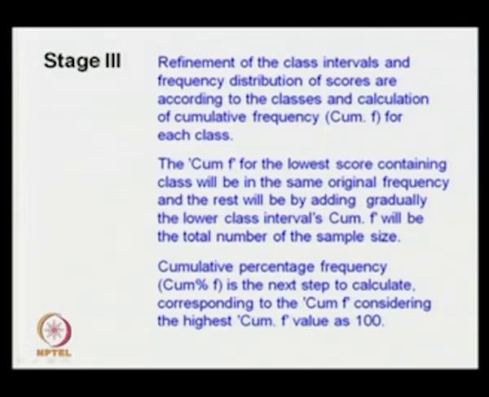The cumulative frequency for the lowest score class will be the same as the original frequency, and the rest will be obtained by gradually adding the lower class intervals. The final cumulative frequency will be the total sample size. Cumulative percentage frequency is the next step, calculated corresponding to the cumulative frequency, considering the highest cumulative frequency value as 100. Now, we see the graph.